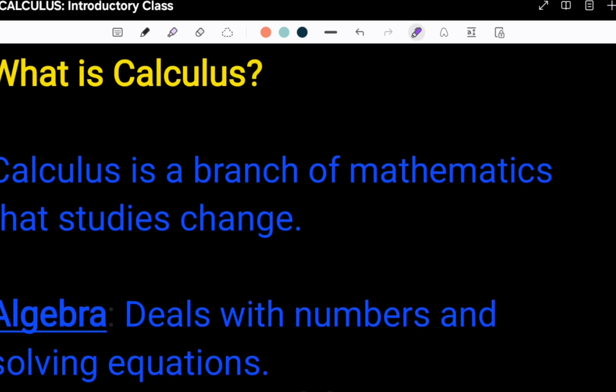For that we have a new branch of mathematics, that is calculus. What is calculus? Calculus is a branch of mathematics that studies change. It's not static, it's dynamic, because it studies change.